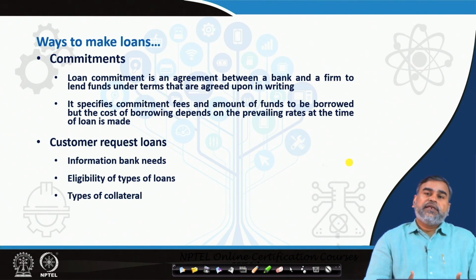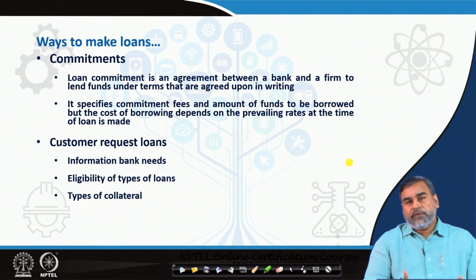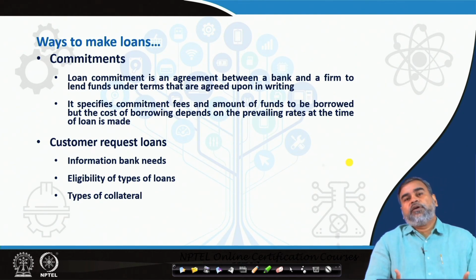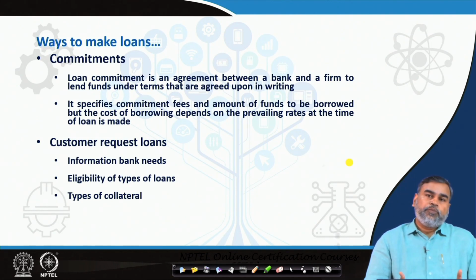If it is on a daily basis, then whatever money you get is divided by 365. Then if it is for 40 days, then 100 crore multiplied by 0.0025, divided by 365, multiplied by 40. So, this much is the commitment fee you have to pay.